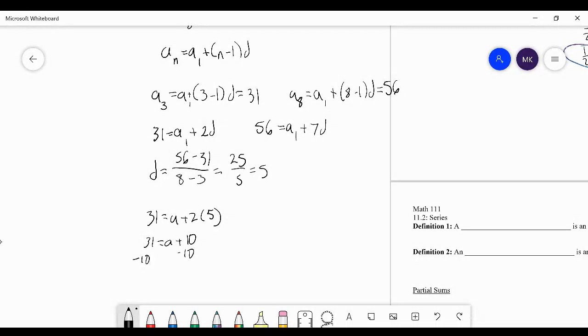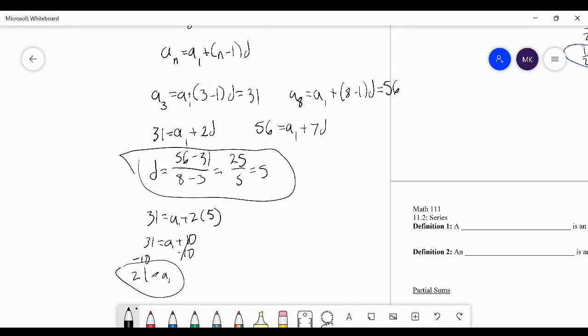Subtract 10. a1 equals 21. So a1 is 21 and d is 5. So we get that a sub n equals 21 plus n minus 1 times 5.